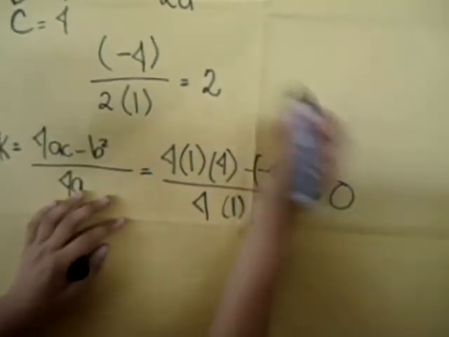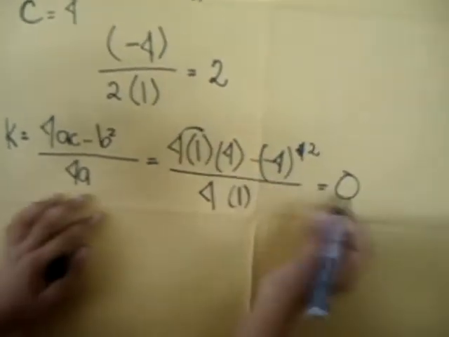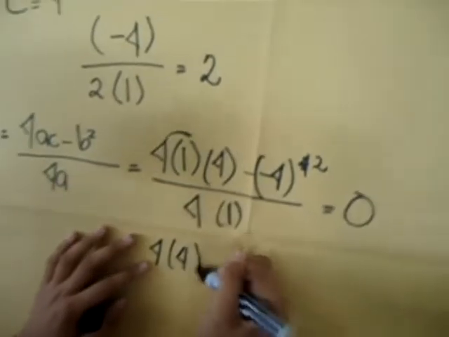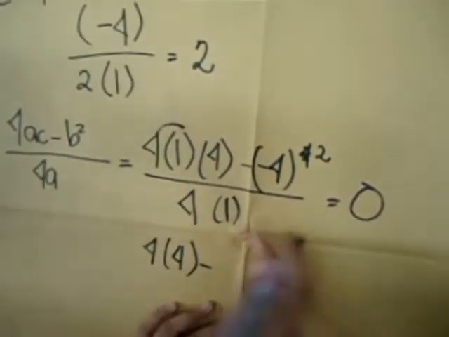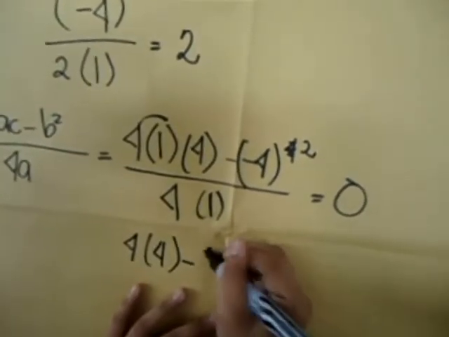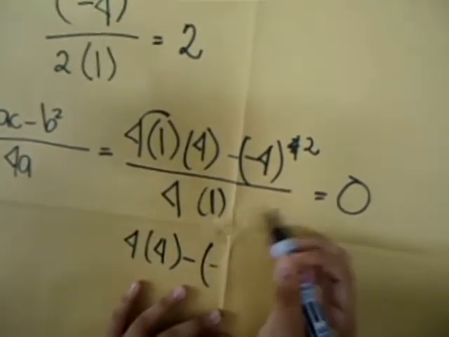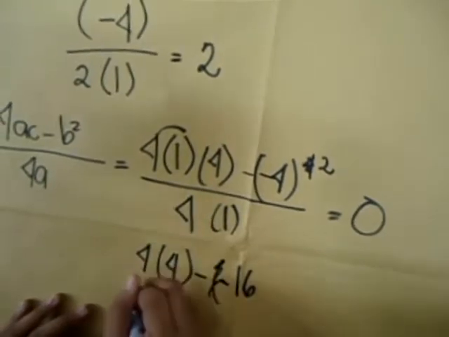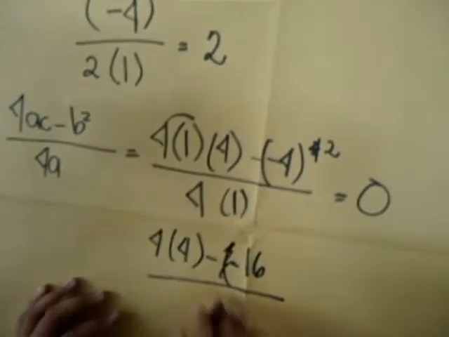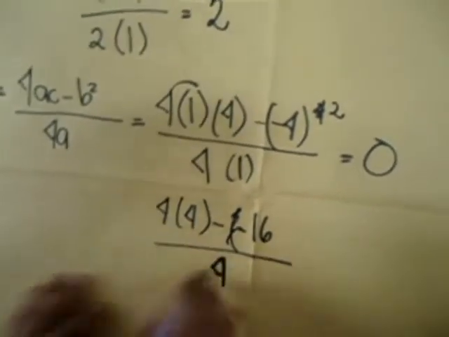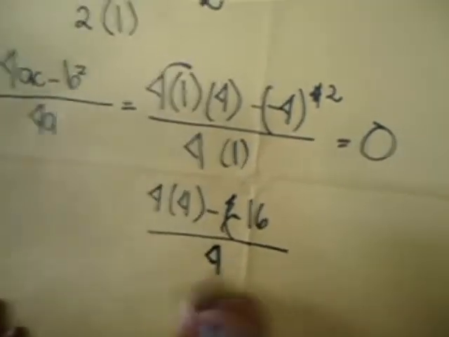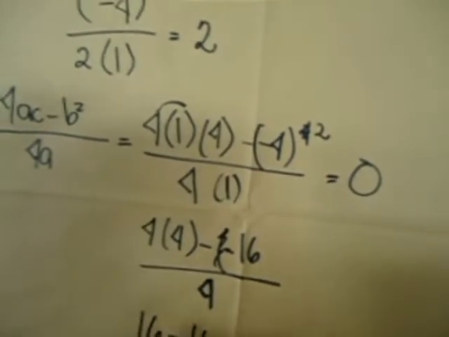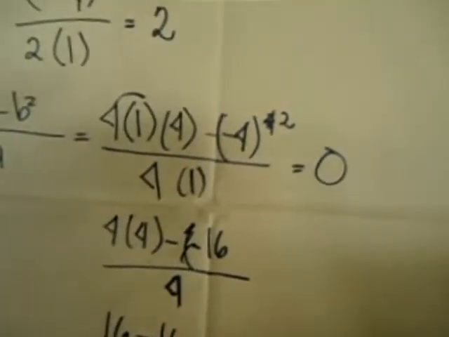Now, 4 times 1 equals 4. 4 times 4 minus negative 4 squared, 16. 4 times 4 is 16, 16 minus 16 over 4.